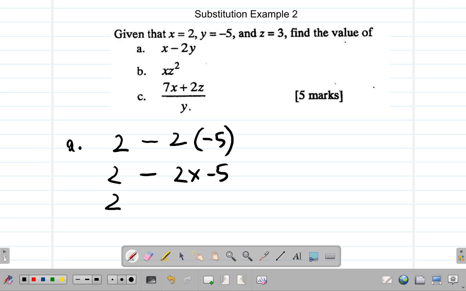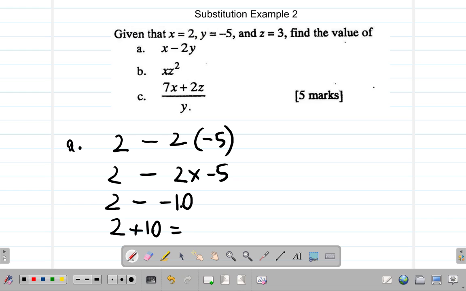So you have 2 minus -10. But then you have to remember that when you have 2 minus -10, what you're going to have is the same thing as 2 plus 10.